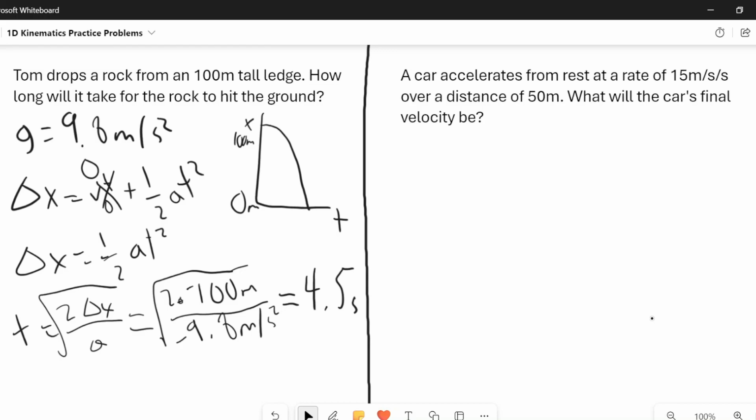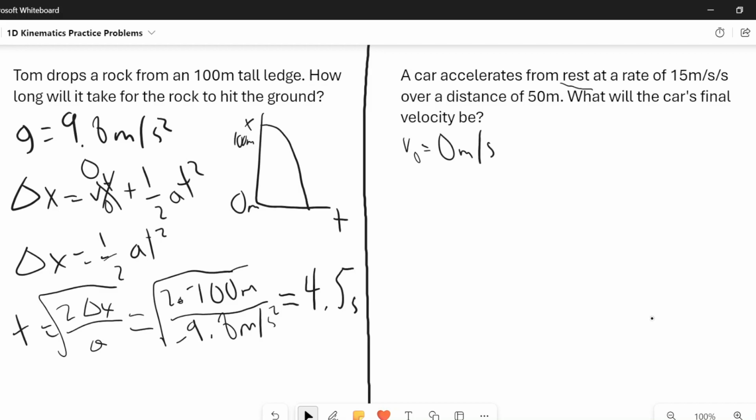Alright. So now on to the second problem. So for this problem, it is important to define what the term rest means. Rest means the car is not moving, basically. So it accelerates from rest, meaning it starts at an initial velocity of 0 meters per second.